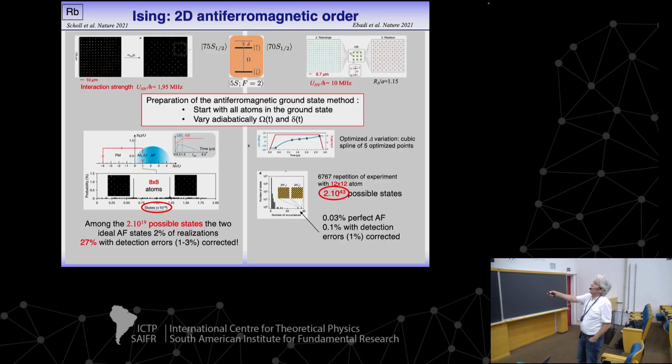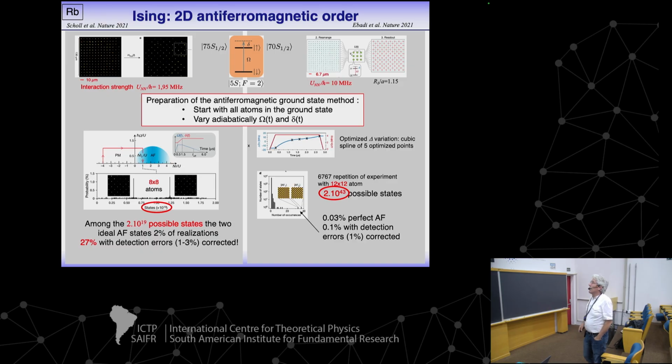So they vary the parameters in that way. The red line is the detuning, the blue line is the Rabi frequency. You see that the time scale is typically a few microseconds. Here it was 6 microseconds, in the other case 3 microseconds, a little bit different profile, but in the end, they prepared very comparable antiferromagnetic states.